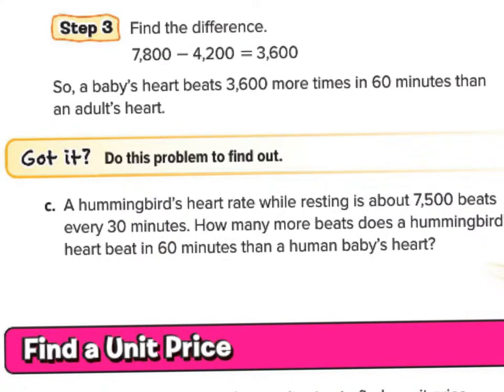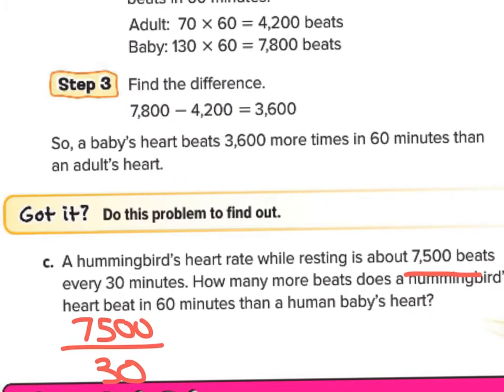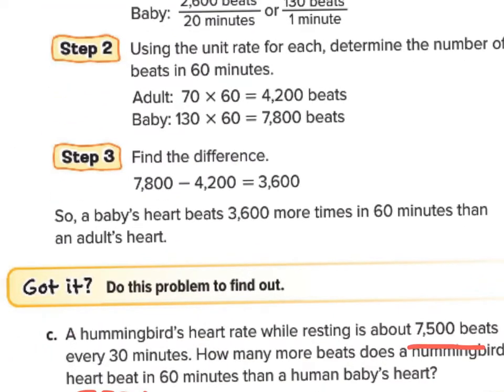First, I'm going to write down the information given to us, the new information. We have 7,500 beats every 30 minutes. I'm going to write that down. 7,500 over 30 minutes. Okay? And how does that compare to the human baby, because that's what they're asking, right?